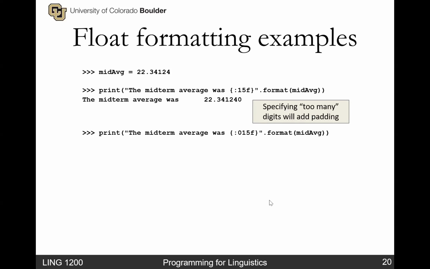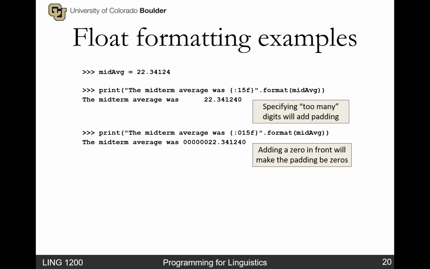In this case, we've got our number and then a 0 in front. If this works similar to the integer, we should see those spaces before the 22 filled in and padded with the 0, which indeed we do. So that works the same as well. Adding a 0 in front will make the padding be 0. Same thing with integers.